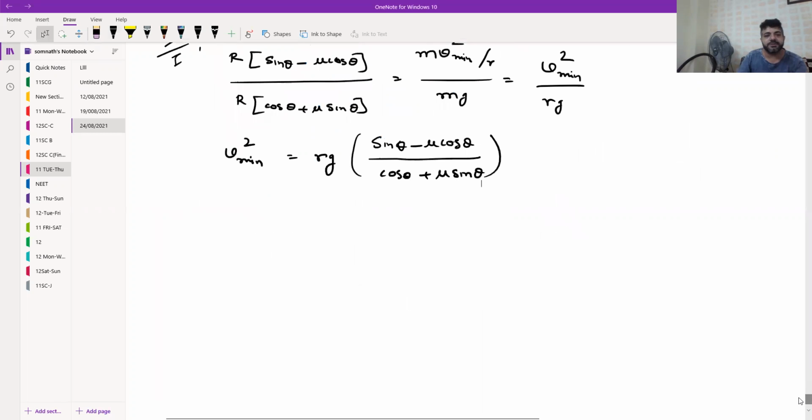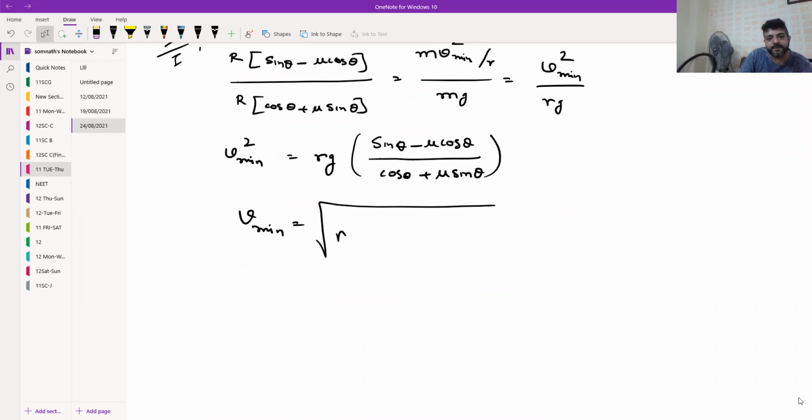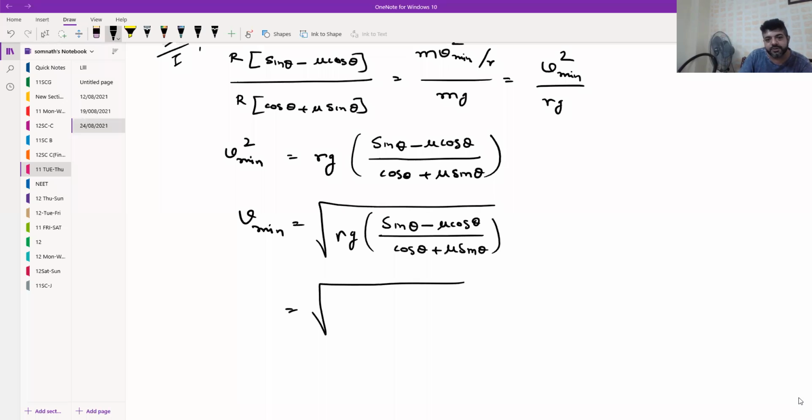V minimum is root under rg (sin theta minus mu cos theta) by (cos theta plus mu sin theta), which is root under rg (tan theta minus mu) by (1 plus mu tan theta).